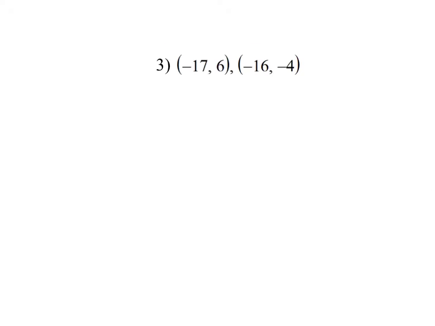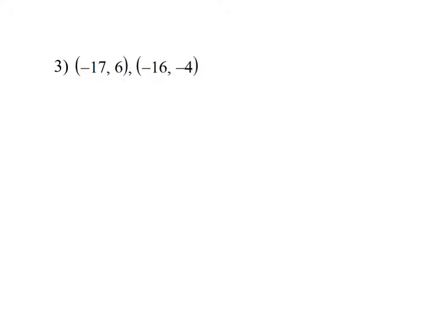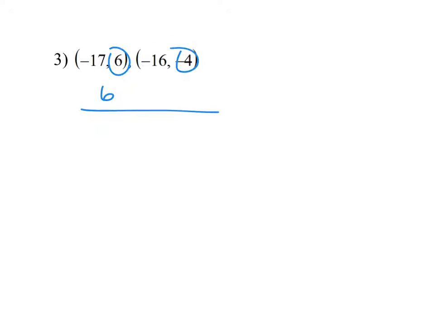All right, so let's just do a couple more examples just so that you can see it. I'm going to flip my paper over. Circle the y's. Those go on top. And the x's of their point go underneath them. So negative 4 goes on top, negative 16 on the bottom, put minus signs in between.